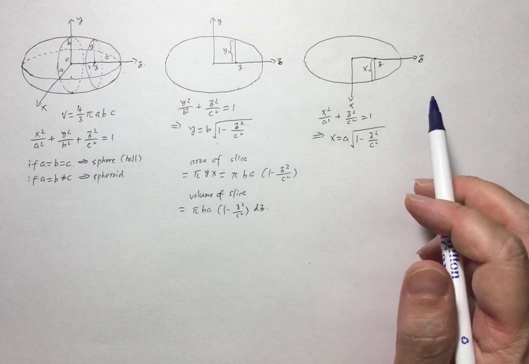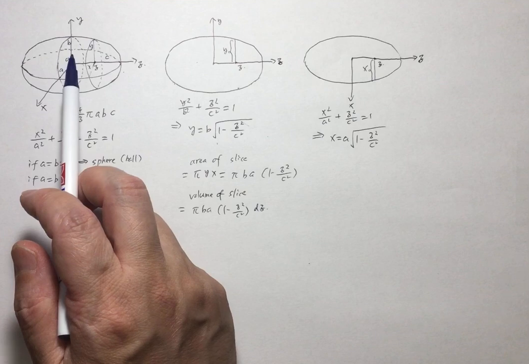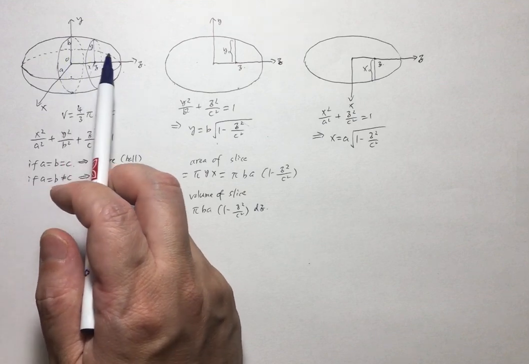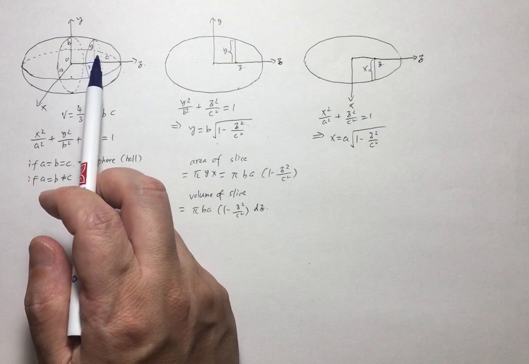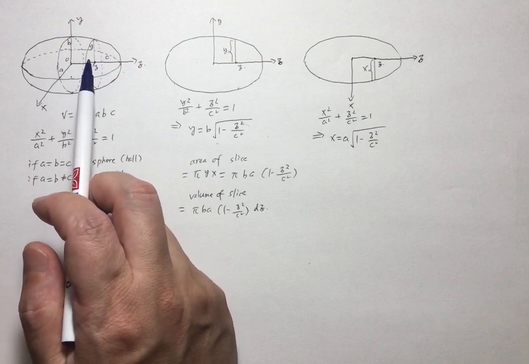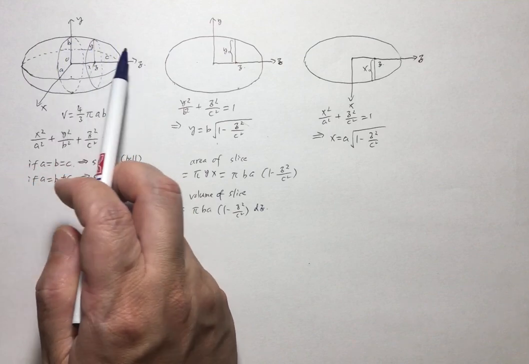As we mentioned before, we have a lot of thin slices. And if we add these thin slices up, the volume of all of them will be the volume of the ellipsoid. But we only integrate half of the ellipsoid here.